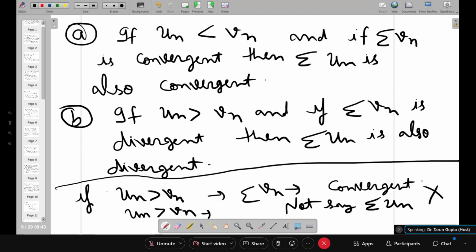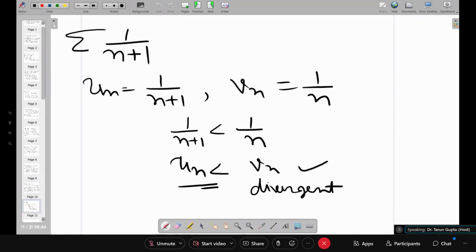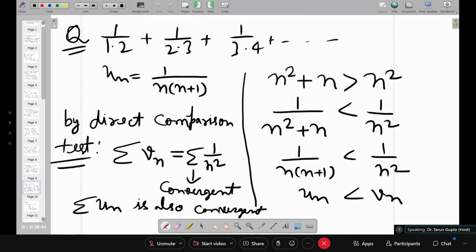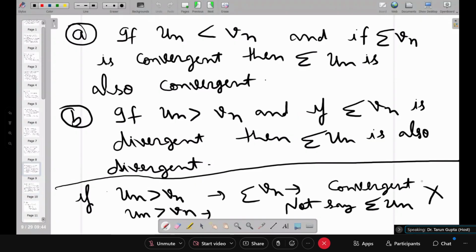Why we cannot say by p series test, that I am telling you. Here, summation 1 by n, we know un is less than vn, and by p series test we know vn is divergent.